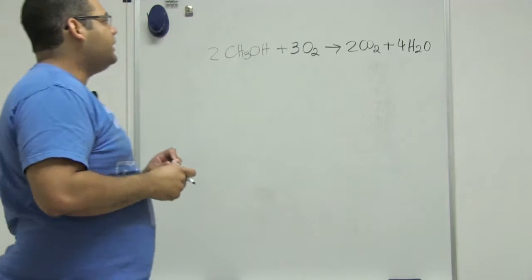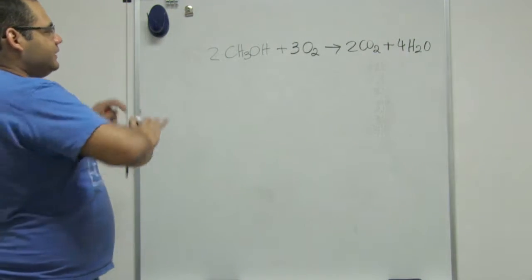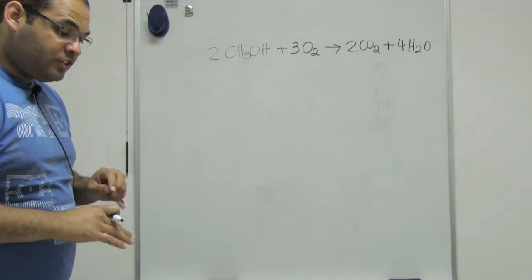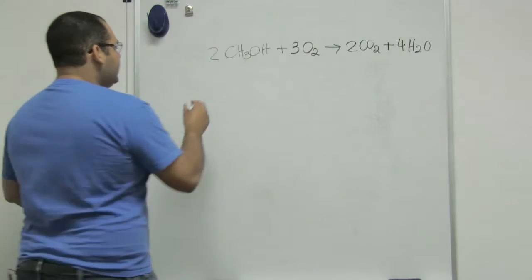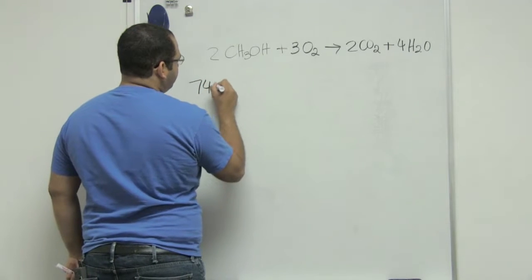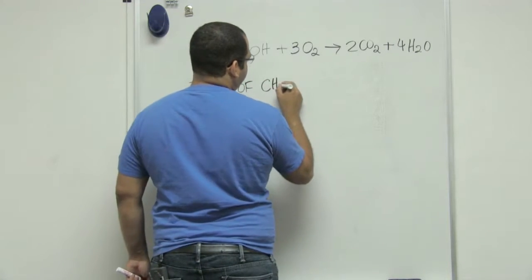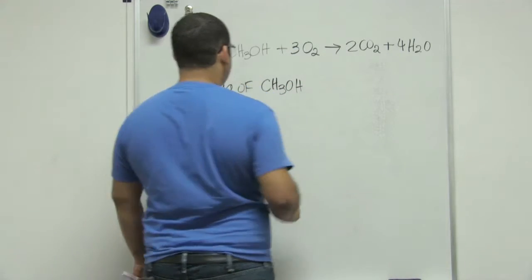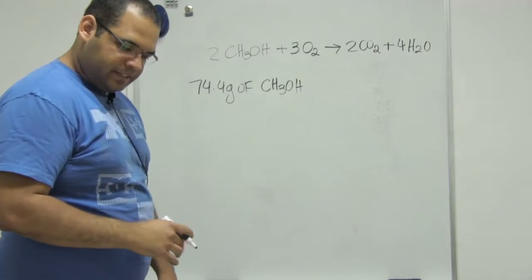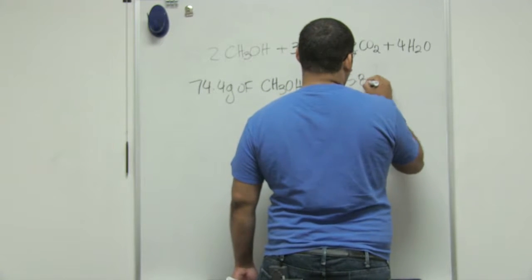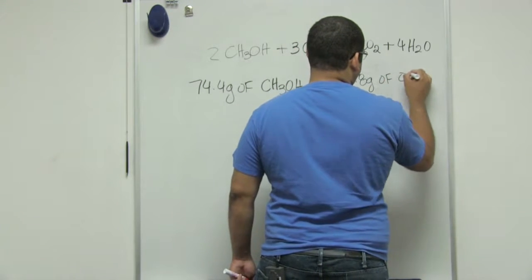Usually the problem will give you the equation, but you need to balance it. So first look if your equation is balanced or not. And here I have 74.4 grams of CH3OH combined with 95.8 grams of O2.